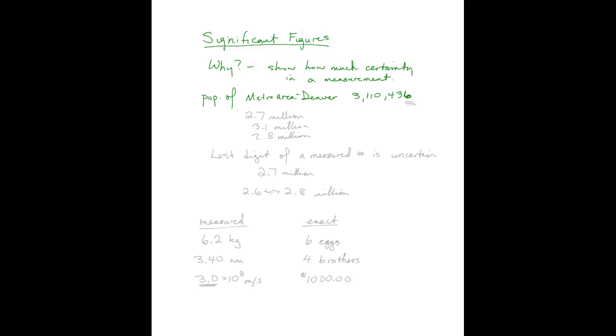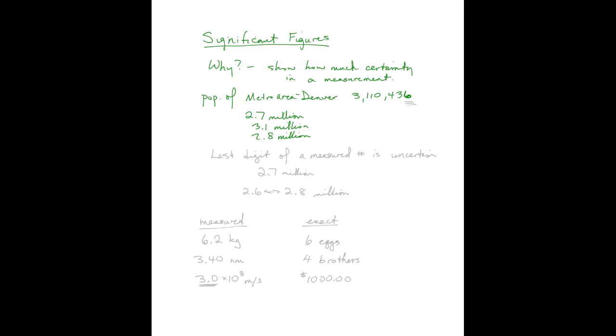It's much more reasonable to say that you think it's 2.7 million or 3.1 million or 2.8 million, and you can find all these numbers depending on what source you look at and whether they're counting Boulder or not, or whether they're counting Aurora or not, or just exactly what year it was for.